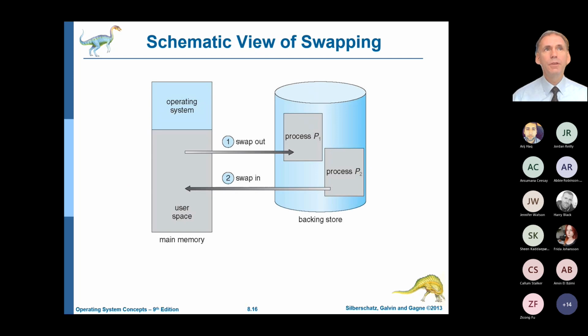So we end up with something like this. We have processes in our backing store, so a hard disk or an SSD. When our main memory is full, we will swap out a process and swap in another process.